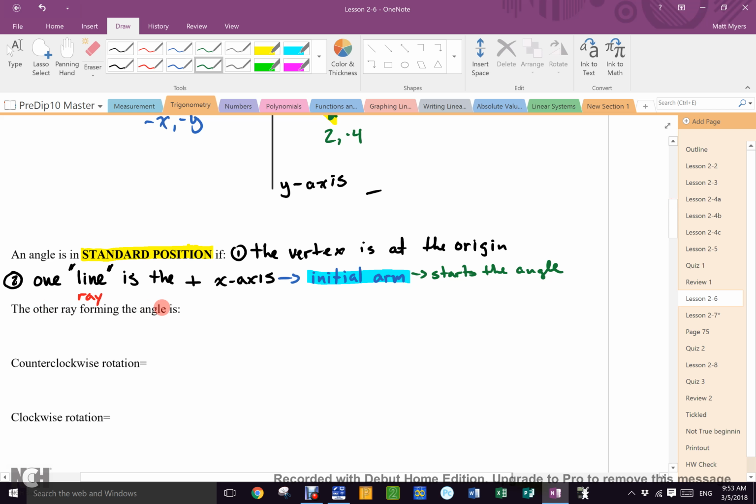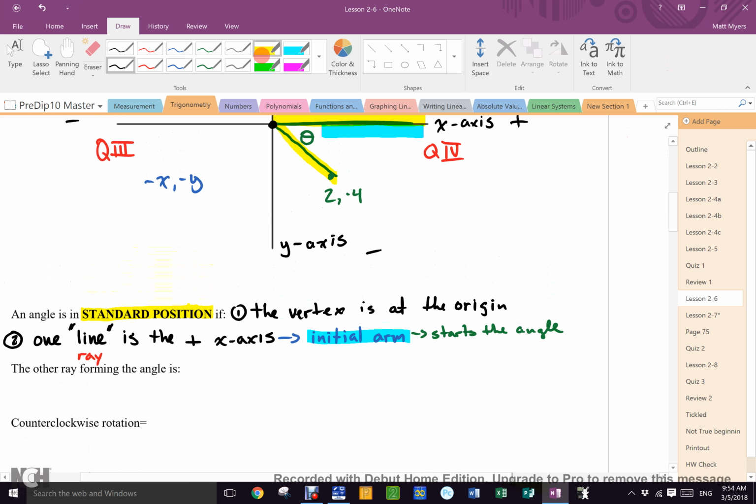The other ray forming the angle, which I'm going to highlight with green, the other ray is what we call the terminal arm, because that's where the angle ends. Is everybody cool to there? Yeah? Okay.